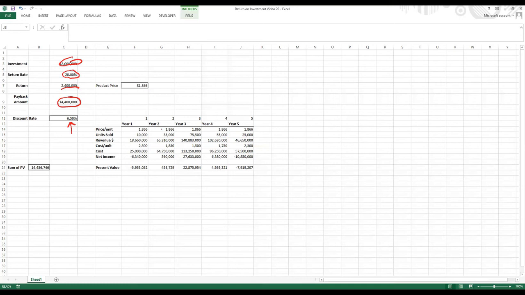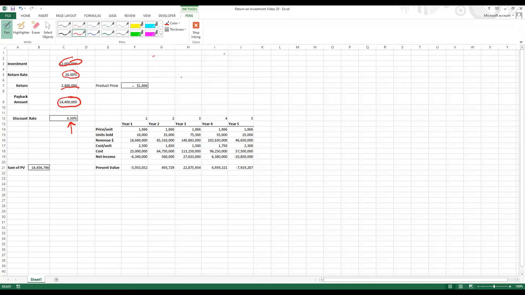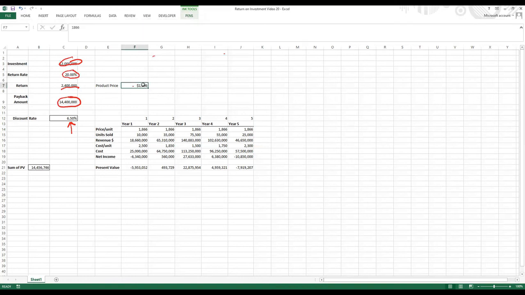Now, the main part of this is to set up a calculation that allows us to change the price per unit so that we end up with a sum that equals the desired return. And right now, I'm going to zero this out. And so now we see that the sheet is blank and now ready for calculation.